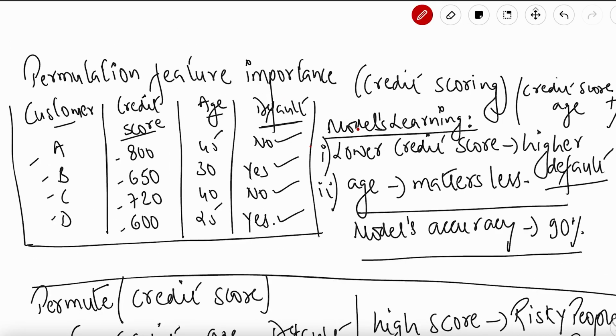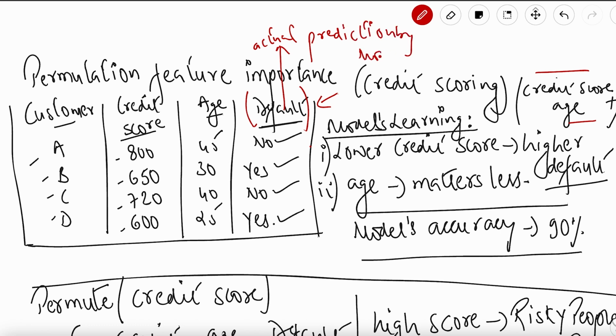Now this model calculates this default on the basis of credit score and age. This default in the table is the actual prediction by the model, and it is done using a combination of credit score and age. Lower credit score means higher chances of default.